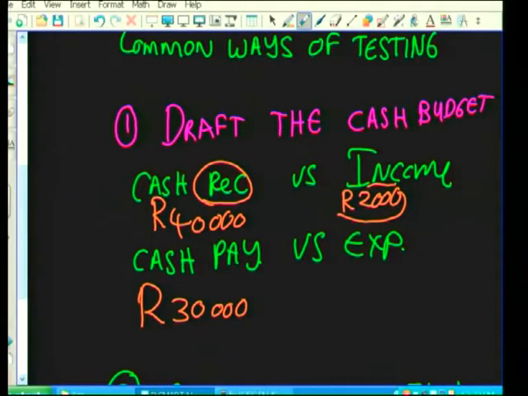Right, let's now look at cash payments versus expenses. Cash payments, again guys, it's money that is physically leaving your bank account or being paid out. So for example, let's stick with tangible assets. Let's assume the business buys equipment and pays cash an amount of 30,000. 30,000 would be regarded as the payment for that equipment.